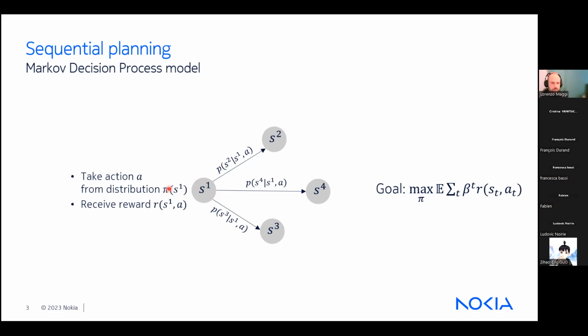But pi is basically something that tells you how to behave in each state. Then we receive a reward, and then we transition to a next state according to a rule that gives the probability of the next state given that we're in the current state and given that we have taken this action.